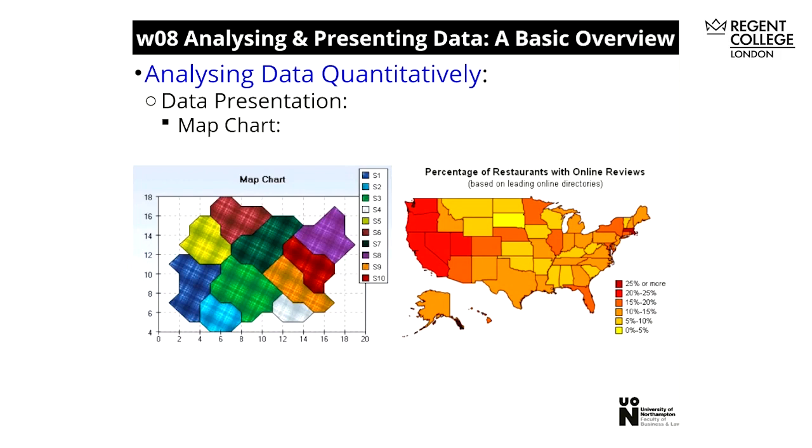Looking at the US, right away, even from this distance, I can see that the West Coast, California perhaps, and I think it's Orange County, I'm not good at that, but you can see that the West Coast is doing so well. There are quite a lot, 25% or more, in terms of the percentage of restaurants that have online reviews.